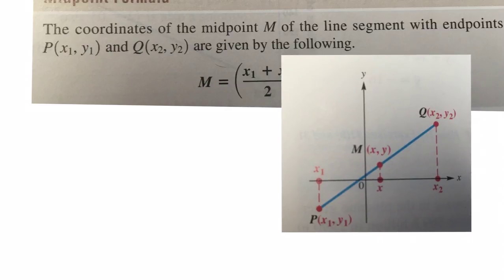Alright, like here in this picture, you have points P and Q, and for point M in the middle, you take the x coordinates for P and Q, x1 and x2, and you'd average them. That would give you the x coordinate in the middle. That would give you this x coordinate right here in the middle, if you average the x's.